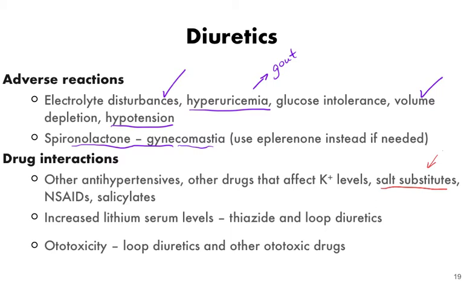Oftentimes, these salt substitutes are potassium chloride based. By adding potassium chloride into the diet, we are affecting potassium levels. And if we are giving them a potassium-sparing diuretic, then we could be pushing the patient into hyperkalemia, and that could be very dangerous from a cardiovascular system standpoint.